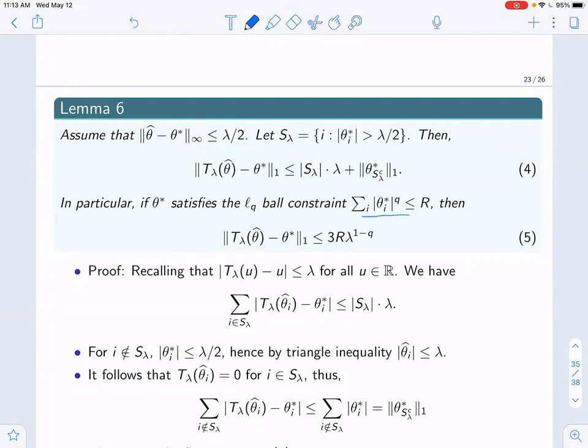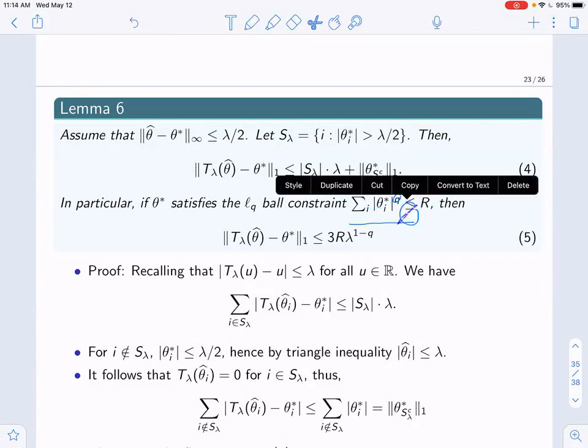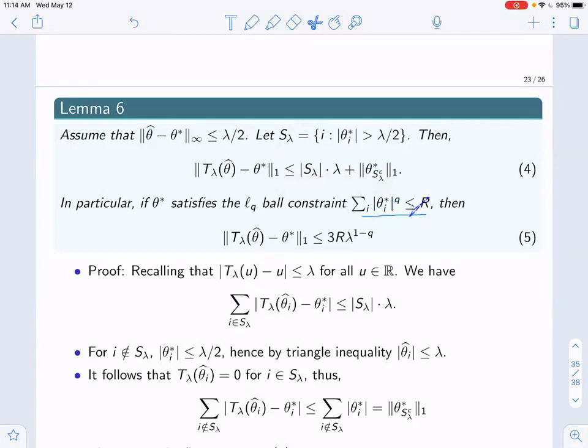If theta star is in there, then there are bounds on the size of S, and also this guy, in terms of lambda and basically R and Q. So you would be able to derive this. Okay.